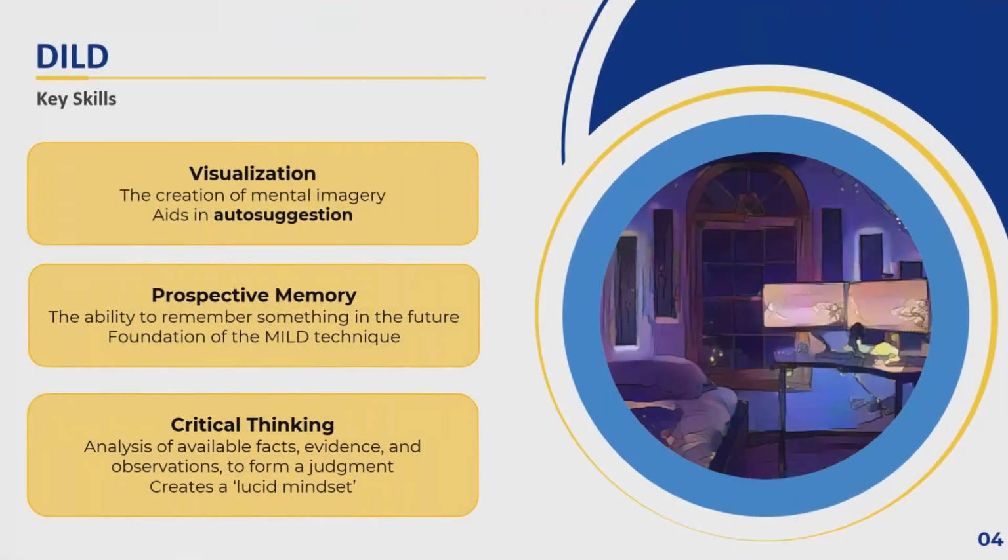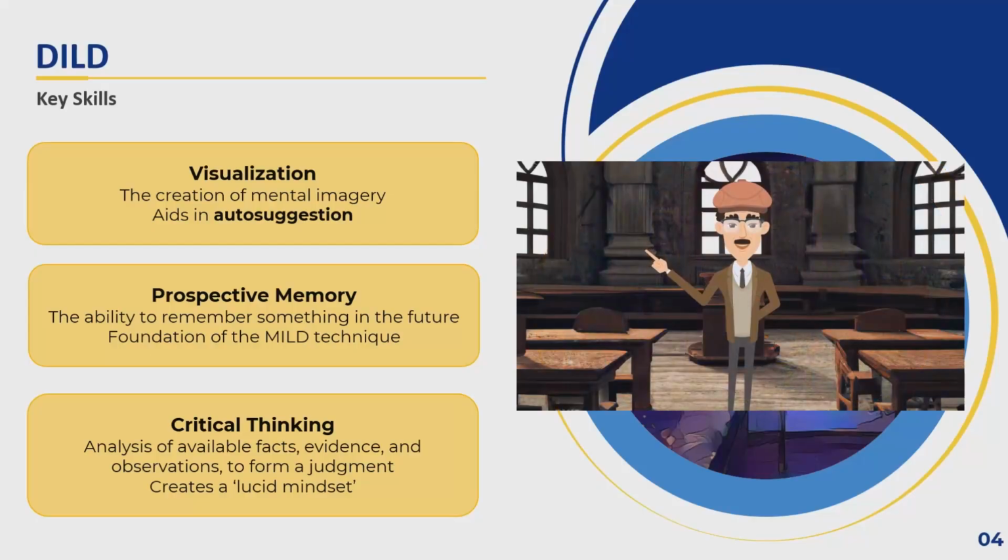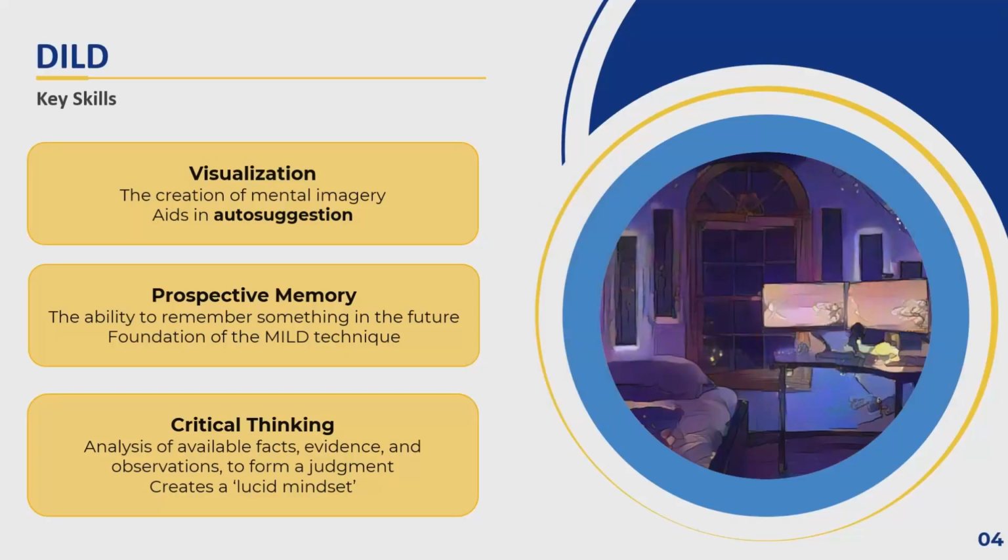Some skills that you will learn when becoming proficient in DILD techniques include visualization and autosuggestion. DILD techniques often utilize autosuggestion and visualization, so it would be beneficial to practice these skills when awake. Prospective memory.